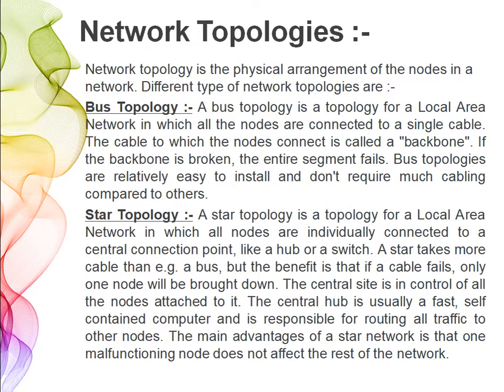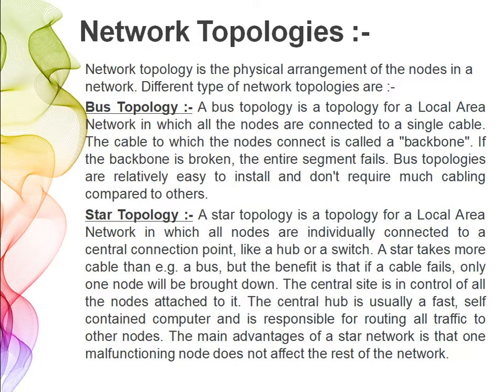But the benefit of star topology is that if a cable fails, only one node will be down. So in star topology, if one of the computers goes down, all the other computers connected to that network will function. So this is an advantage of this star topology.